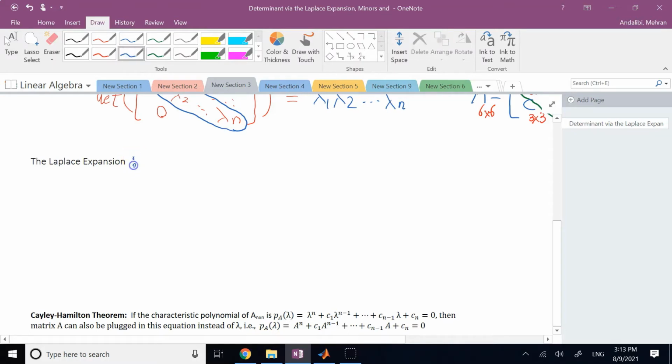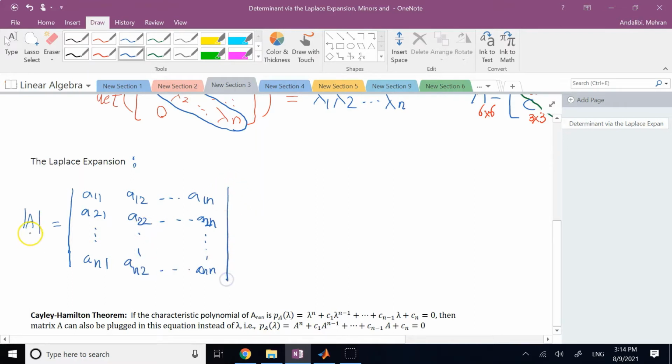And the expansion method says this. The determinant of a matrix A, which is A11, A12, all the way to A1n, A21, all the way to AN1, and go all the way to ANN. Okay, so it says the determinant of this n by n matrix is what?